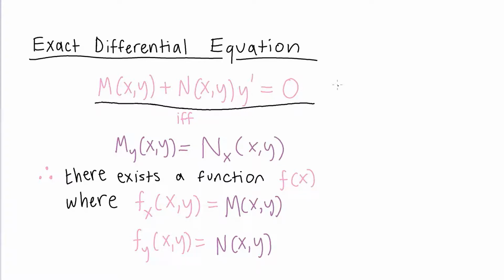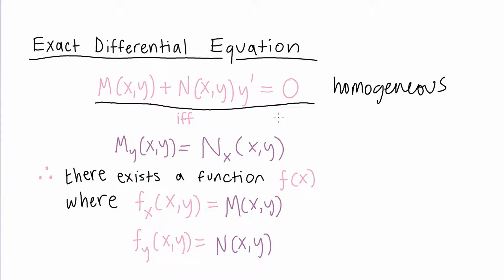So this is homogeneous, and the opposite of homogeneous is non-homogeneous, so it would not be equal to 0. A non-homogeneous equation would be equal to, say, a random function g of x and y.